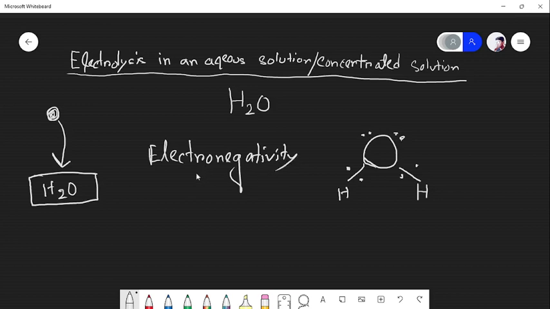What this term means is that the force of attraction felt by any of these atoms while forming a bond with other atoms is called electronegativity.